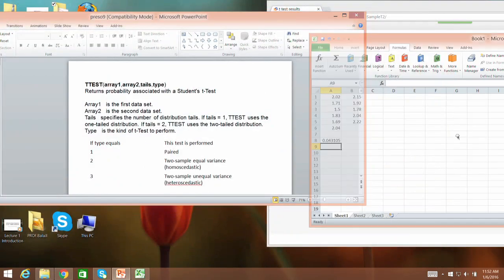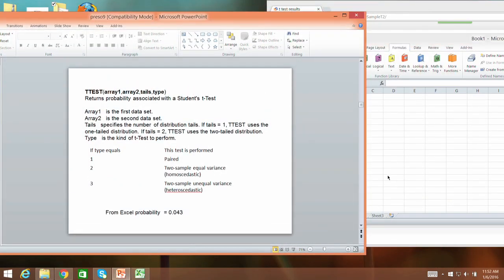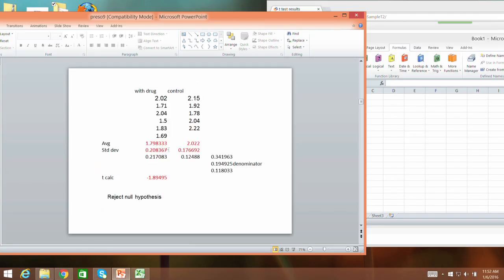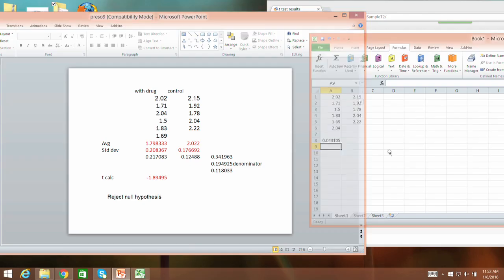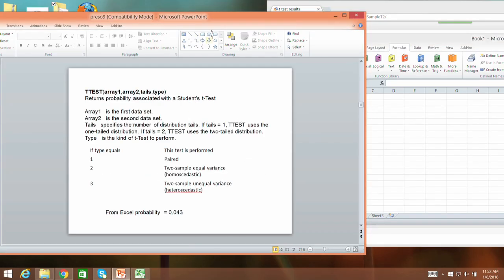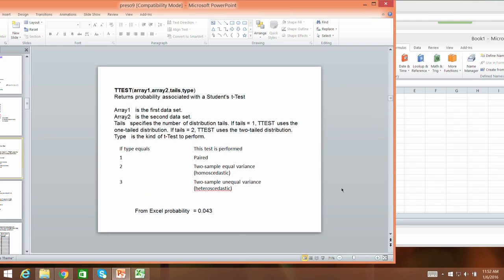I can even give it as equal. For unequal variance I am getting 0.043. Yes, the variances are unequal, as you can see. The standard deviations are unequal here. So it is giving 0.043, so we reject the null hypothesis and accept the alternate hypothesis.